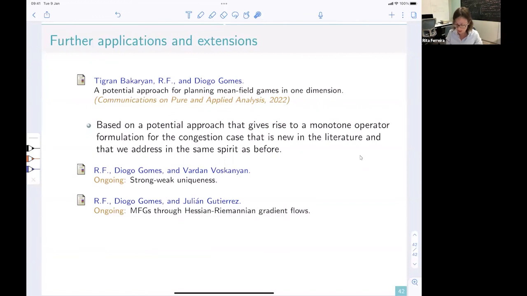We could use this approach to deal with some planning problems in the congestion case, which were new in the literature. And things that are ongoing: we are proving some kind of strong-weak uniqueness for these solutions, and also we are looking at the application of these ideas to construct Riemannian gradient flows that we expect and hope to lead to efficient numerical approaches.